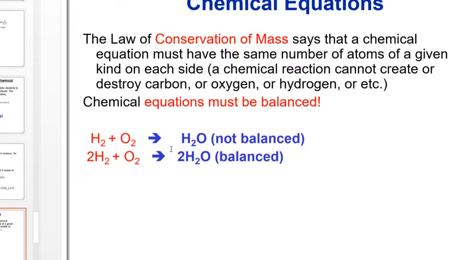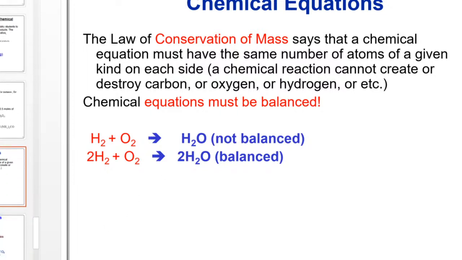So to balance this equation, you introduce a stoichiometric factor of 2 in front of hydrogen gas and a stoichiometric factor of 2 on water. Then you are going to ensure that you have got a balanced chemical equation. Please practice how to balance chemical equations.